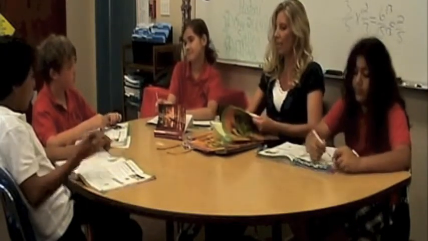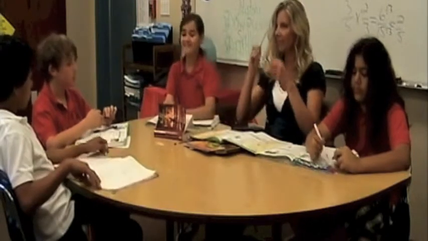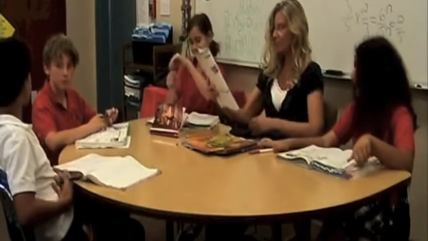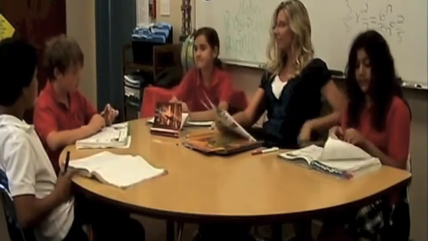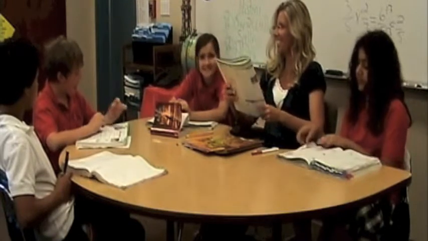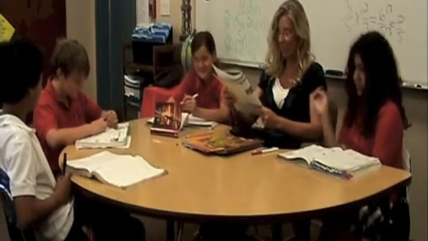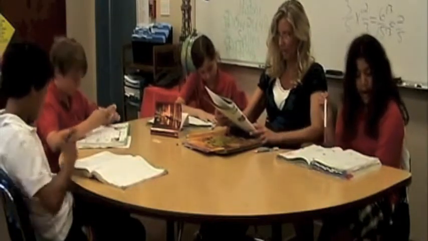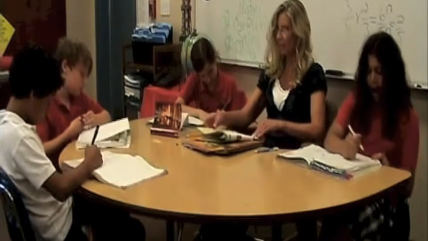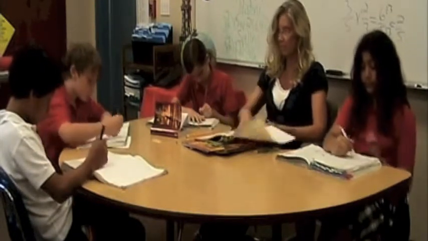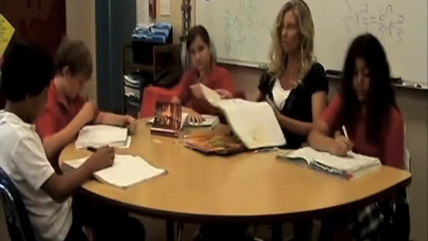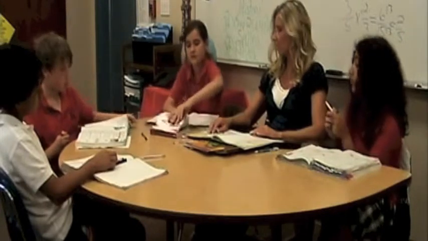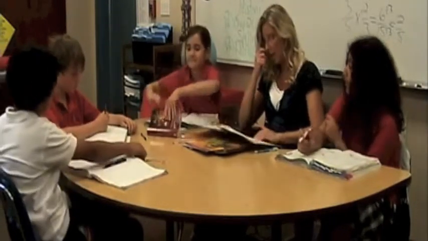Okay, so let's grade. Ready? Number 1 is 3 over 15 or 1 over 5. Number 2 is 2 over 5. Wait, you need a red pen, Diego. Can you get one? Who has a red pen? Oh, okay.